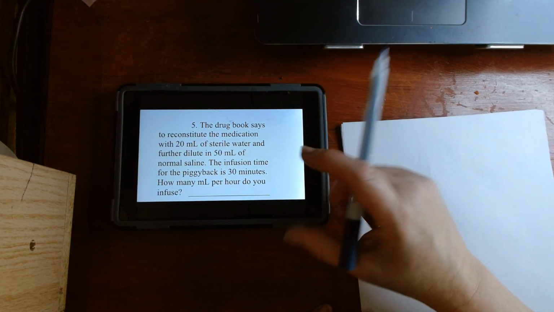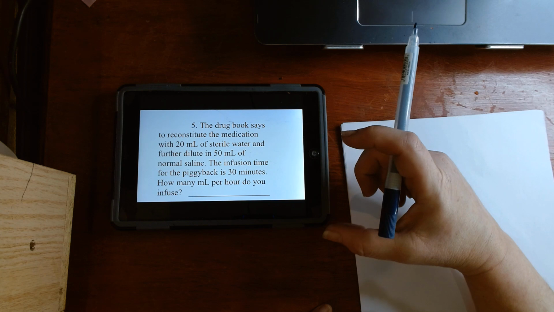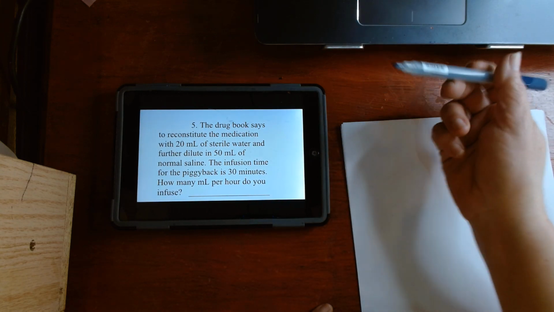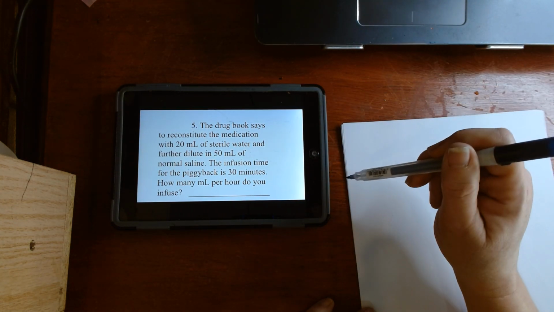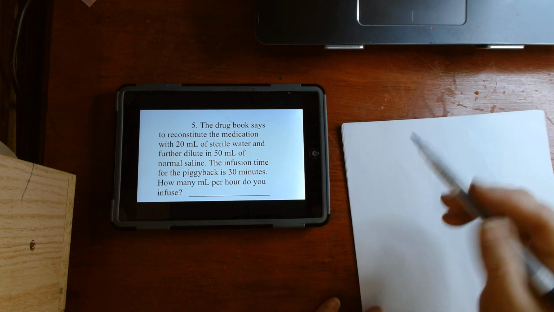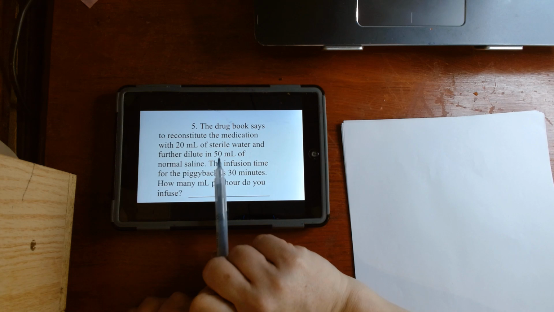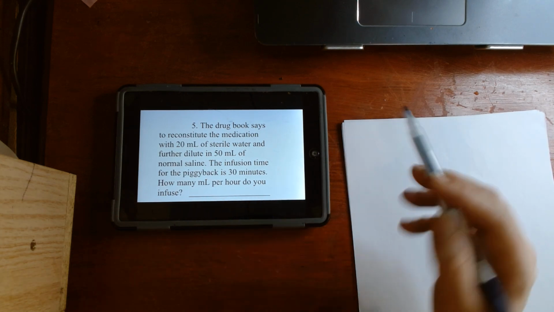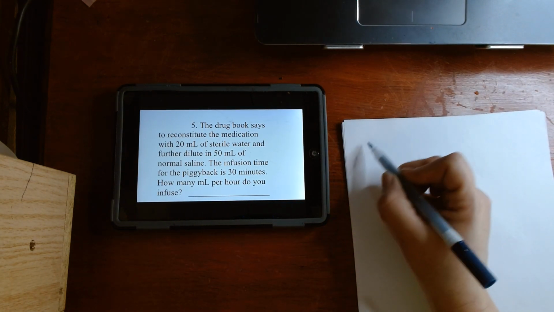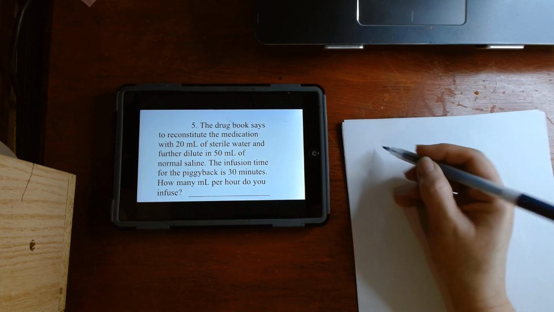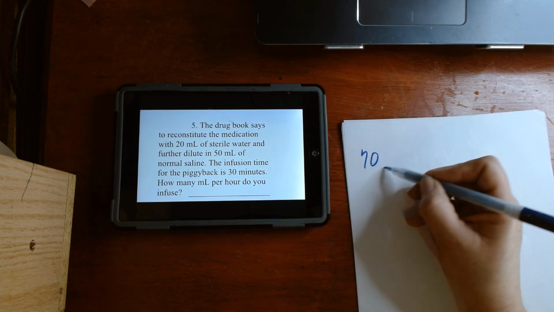So essentially you have a powder form of medicine and you add 20 milliliters into it. Shake it up. Then you draw that 20 milliliters out and add it to a bag of 50 milliliters. So the total volume is going to be 70 milliliters.